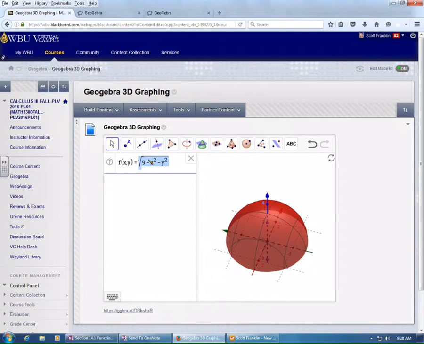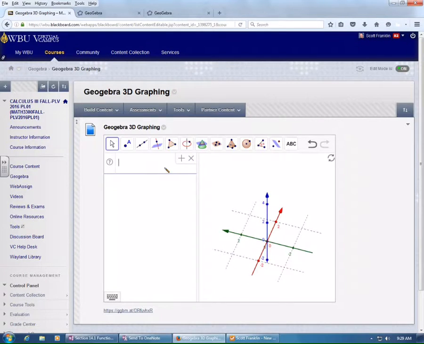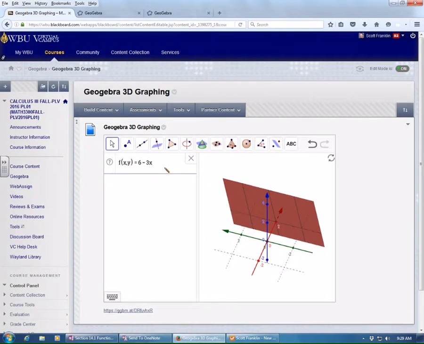So delete. Why isn't it letting me edit? I click the X to delete it. I'm going to type another one. f of x comma y equals 6 minus 3x minus 2y.